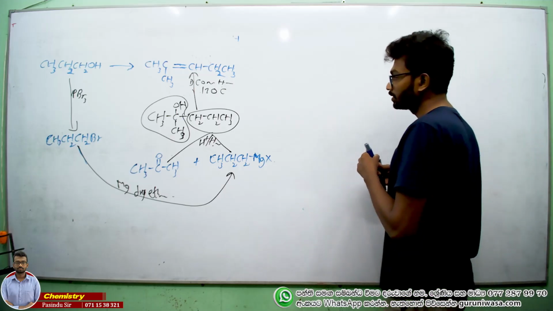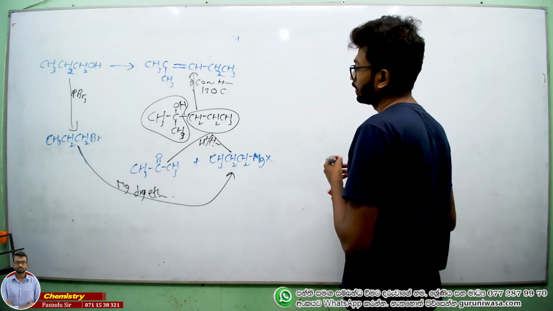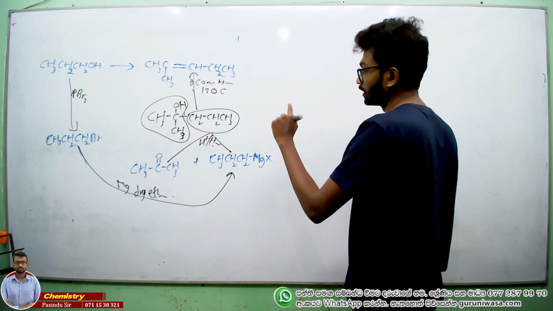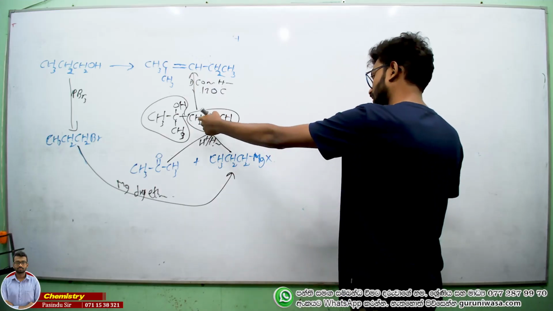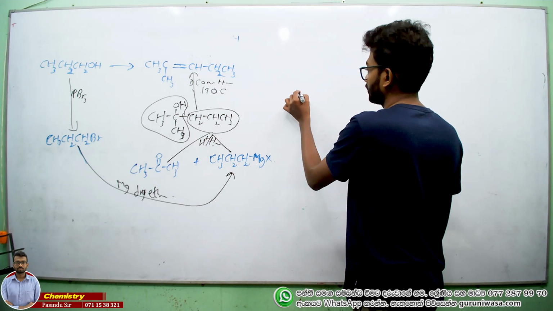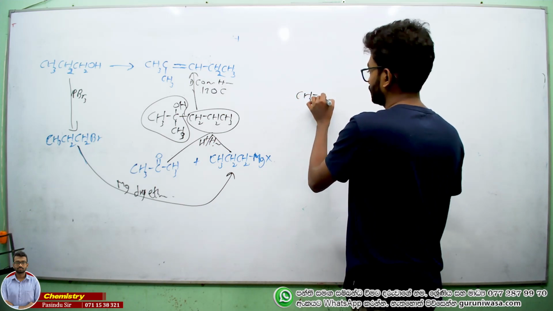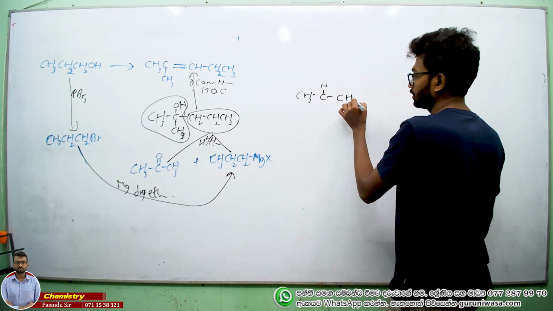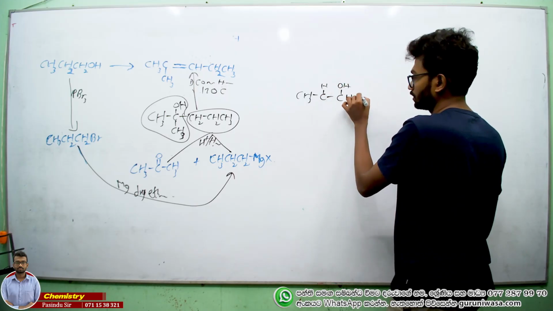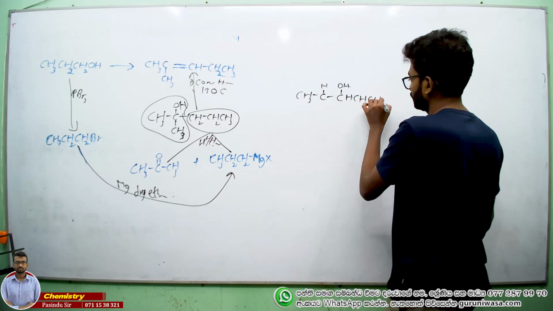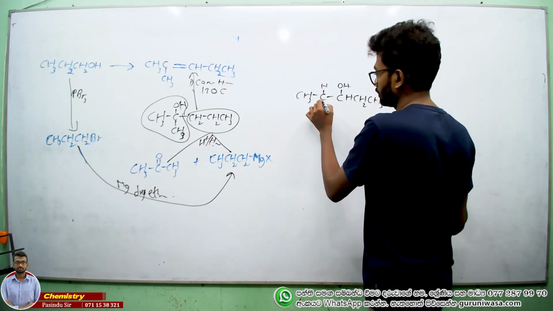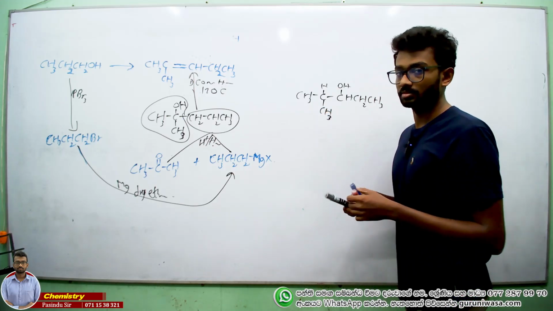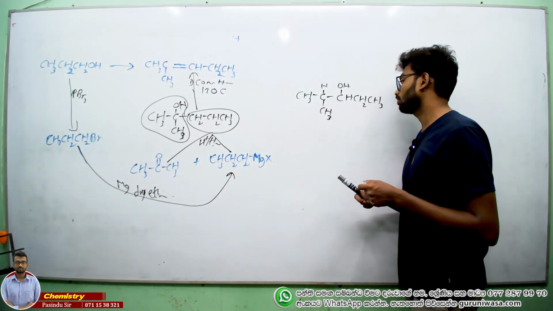You can assume before they made the double bond, there was an OH group on the next carbon, I mean this carbon. What will happen? CH3, C, H, C, H, OH, CH2, CH3 and CH3. Okay, then which part is the ketone or aldehyde group?